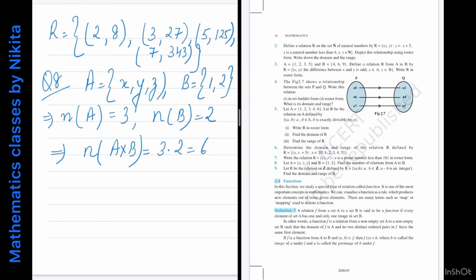And this implies that the number of elements in the power set of A cross B will be equal to 2 to the power 6, which is equal to 64.